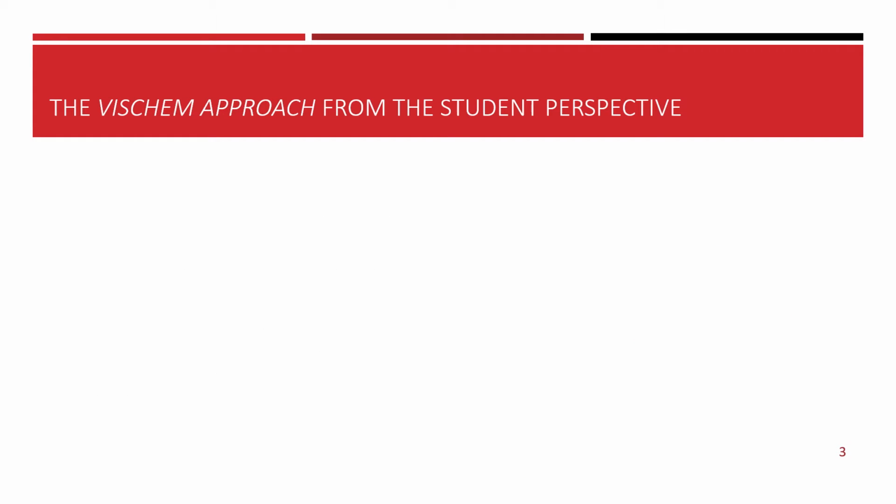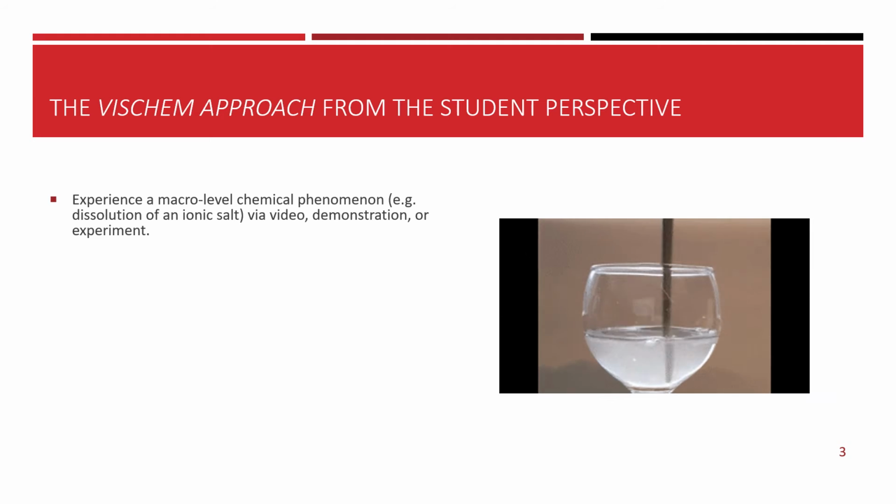In order to understand why we made some of the changes that we had to make, you must first understand what the VISCHEM approach looks like from the student perspective. The first component is that students will engage with some macro scale phenomenon, such as viewing a video or performing an experiment or viewing a demonstration.